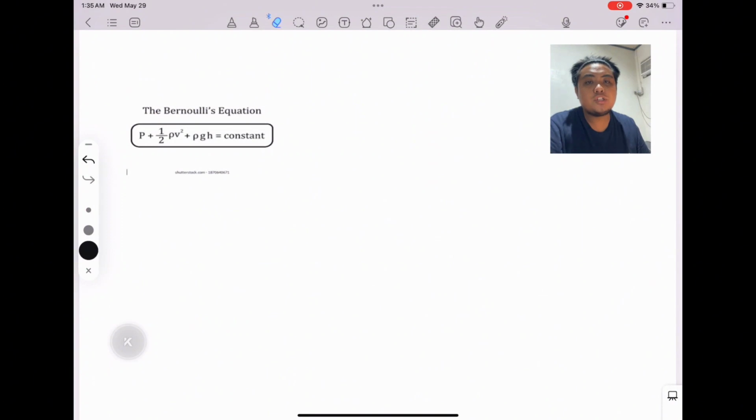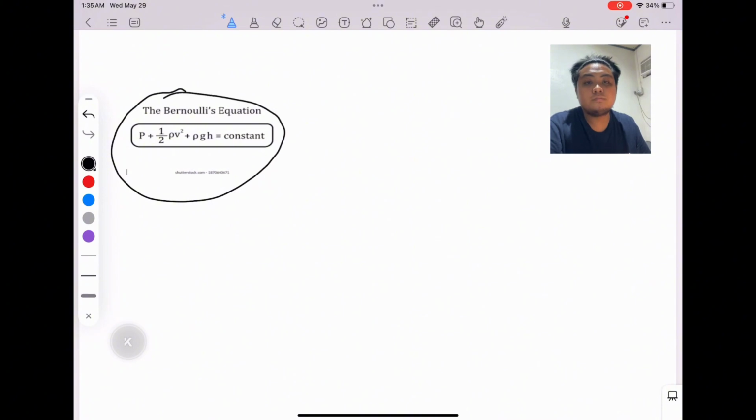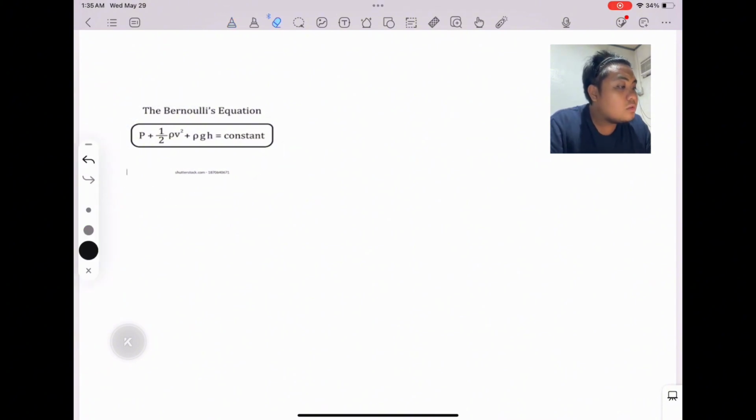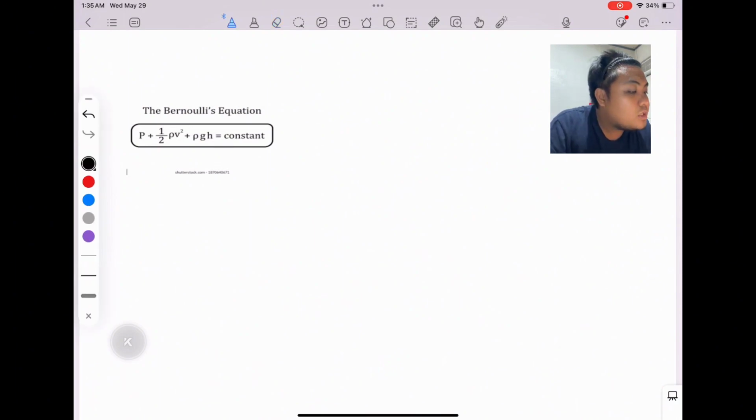So for the derivation of Bernoulli's equation, let's first review the conservation of energy. Conservation of energy states that energy cannot be created nor destroyed, only transferred. So here we have the general equation of Bernoulli's equation. P here is the pressure of the fluid.